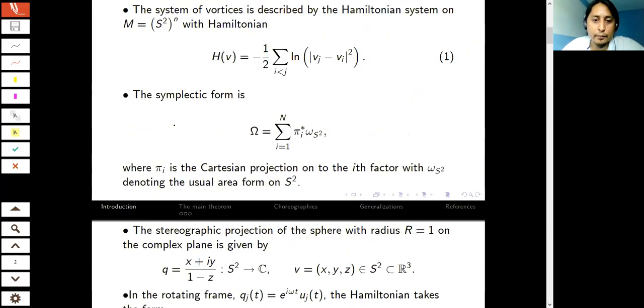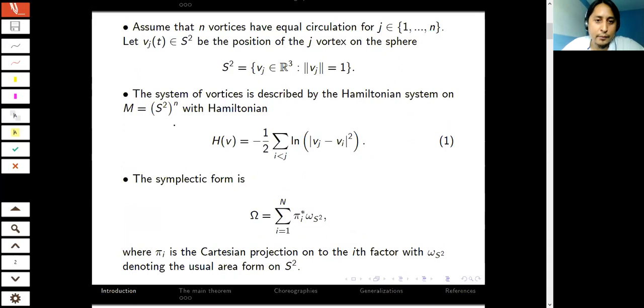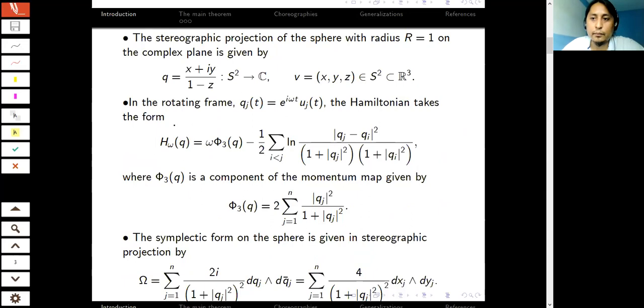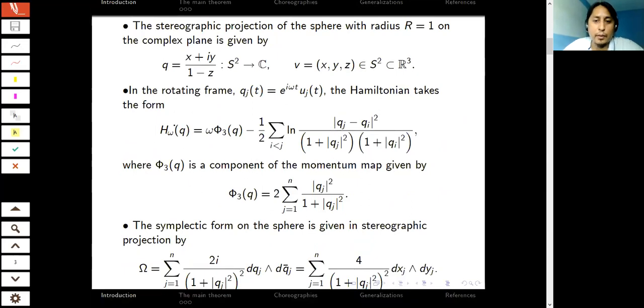So this is a Hamiltonian system on a manifold. My first step is going to be to look at it as if it were a manifold in the plane. For that, I'm going to use symplectic projection or symplectic coordinates for the sphere. So I'm going to project the sphere of radius 1 into the complex plane.